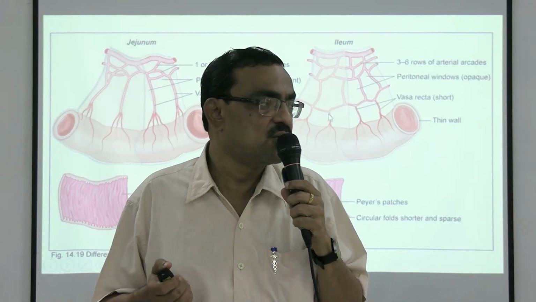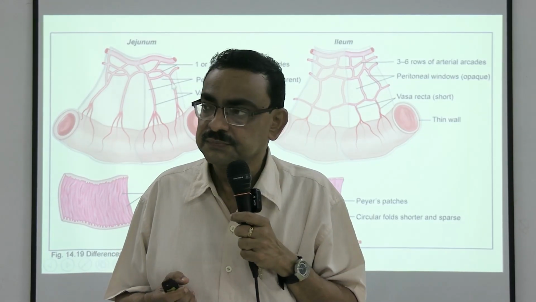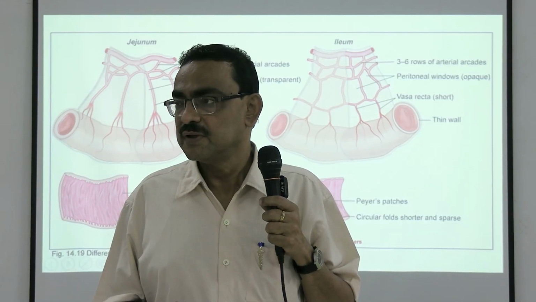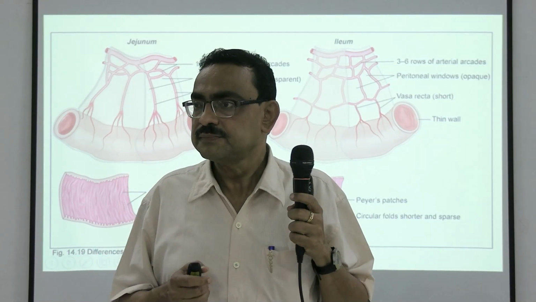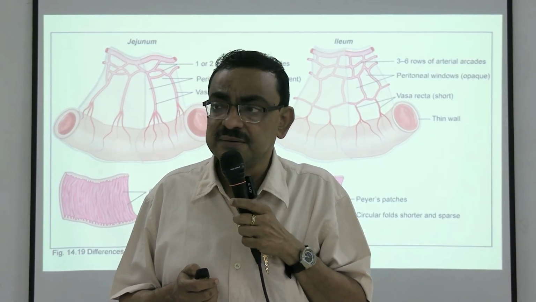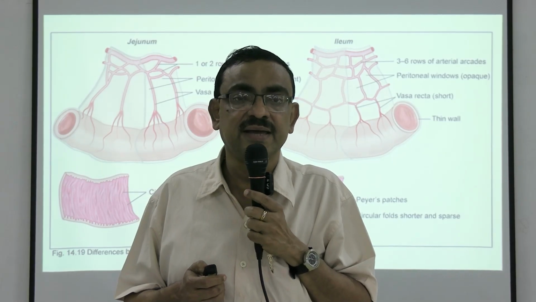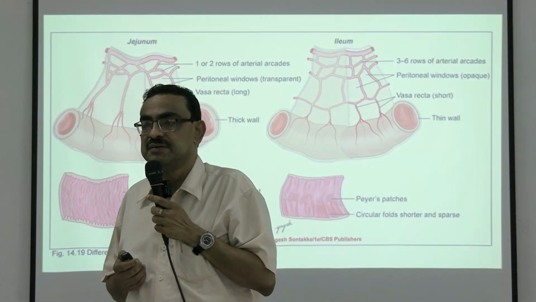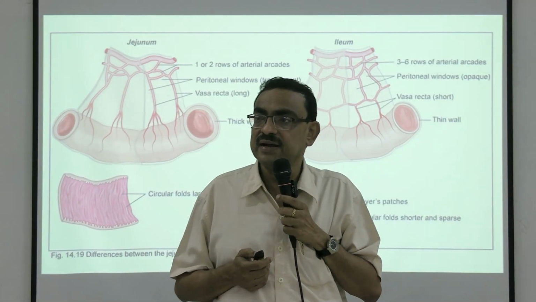These arteries are called the straight blood vessels. Straight means rectus. That means vasa recti or rectus. Single is rectus, plural is recti.